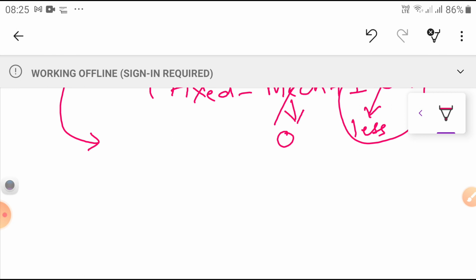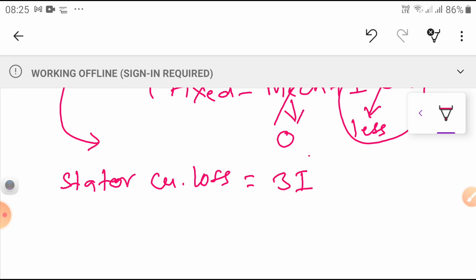We know the stator copper loss is equal to, for a 3-phase supply, 3 I square R1, where I is I SC. So this is the formula for the stator copper loss.